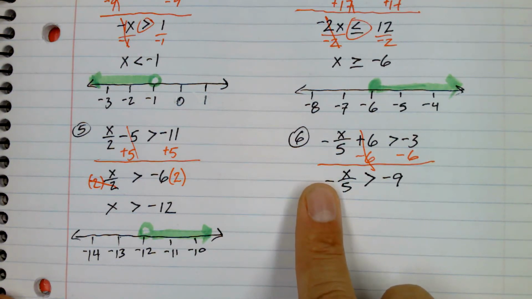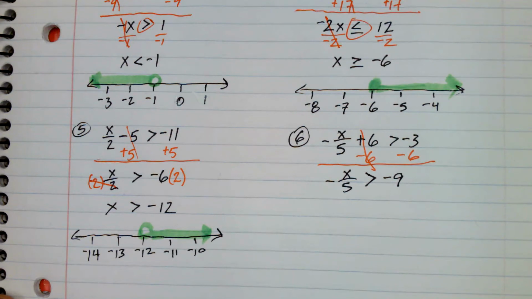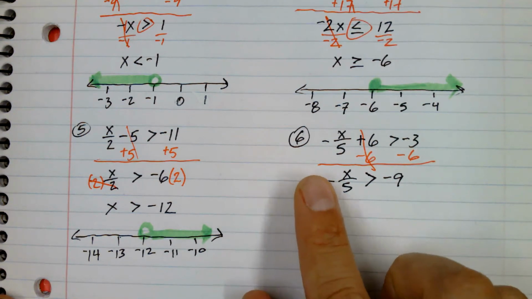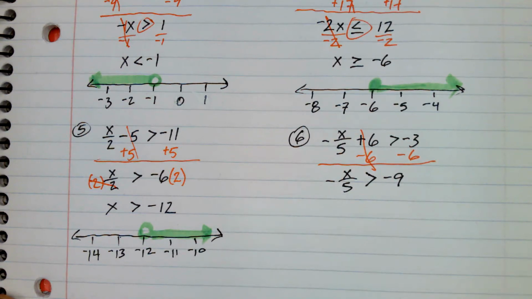What's a positive times a negative? Negative. If I multiply by a negative 5, then I'll have a negative times a negative. What's a negative times a negative? Positive. I want to end up with a positive, right?